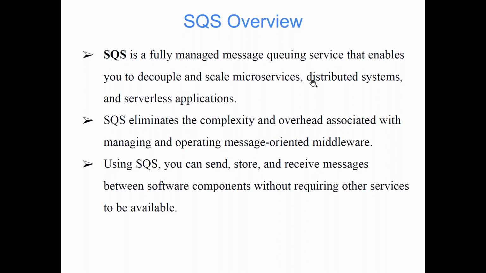So it eliminates the complexity and overhead associated with managing and operating message-oriented middleware. Prior to AWS, there were many applications doing the same functionality, but there you have to manage all the infrastructure. There is MQ, messaging queue service, and there is RabbitMQ as well. These are not AWS specific, I'm just talking about messaging services.